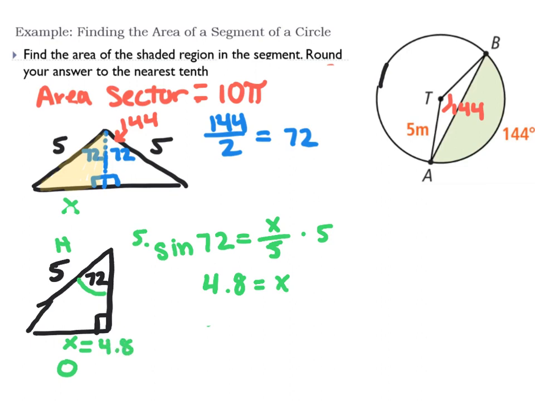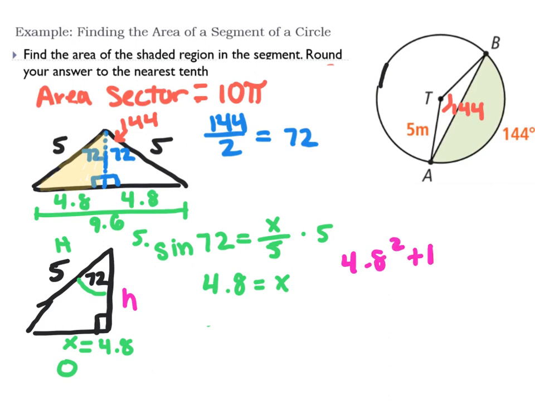So in the original triangle, this is 4.8, and this part of the triangle is also 4.8. So the whole base is 4.8 plus 4.8, which gives us 9.6. Now if we want to solve for the height, let's say I call my height h, I can use the Pythagorean theorem.